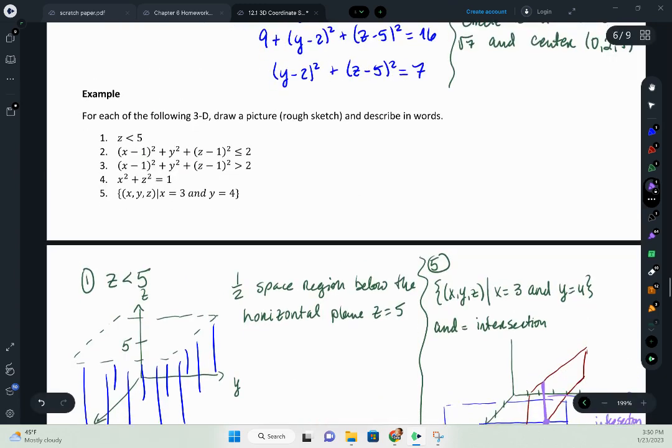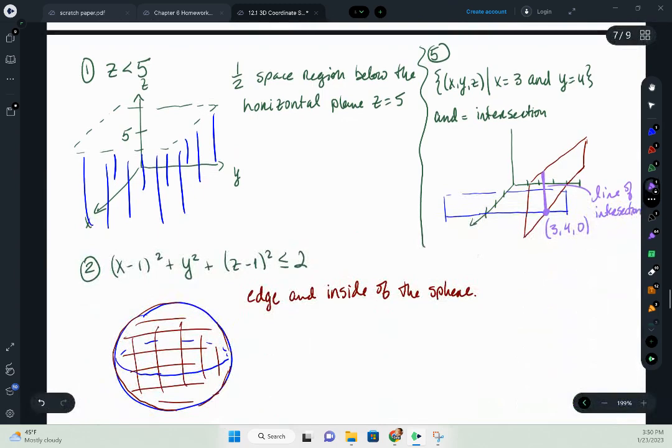So when we're asked to draw a picture, here's our picture, and we want to describe in words. Our description is that this equation is the line of intersection of two vertical planes.